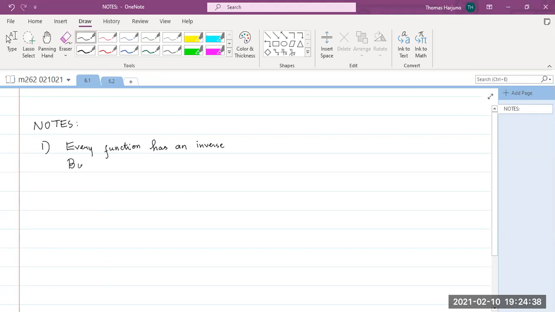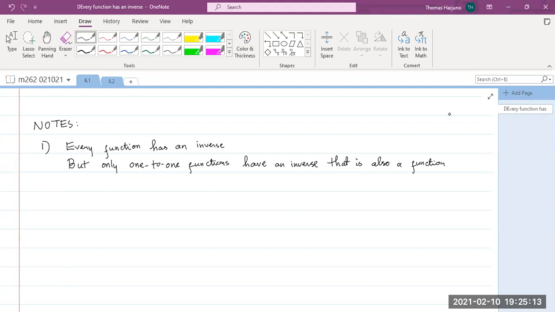But only one-to-one functions have an inverse that is also a function.